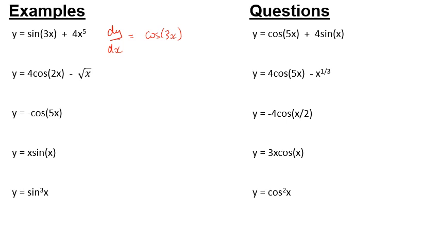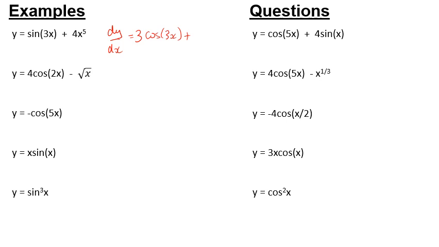And if you differentiate 3x, you get 3. So I've got to times this whole thing by 3, which I'm going to put in front. So sine became cos, and I've timesed by the differential of the bracket. That's the chain rule.